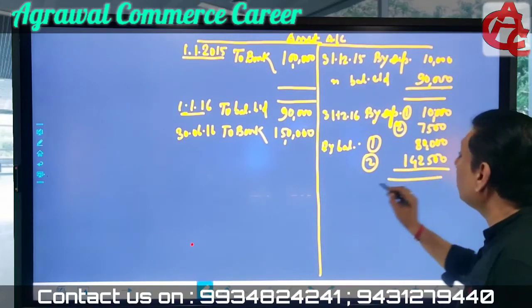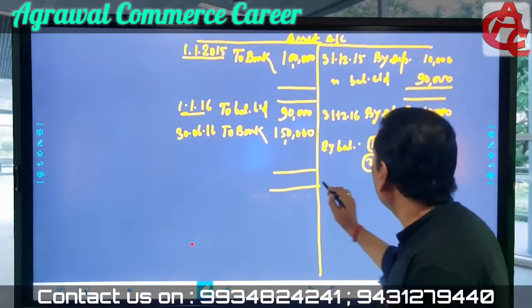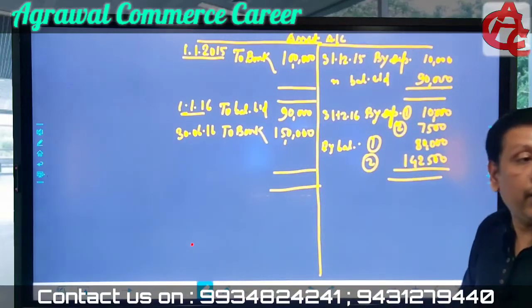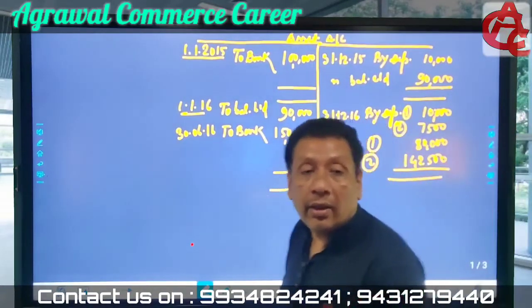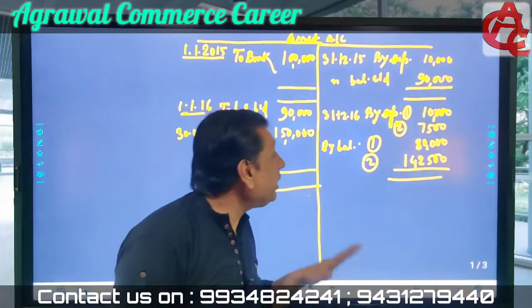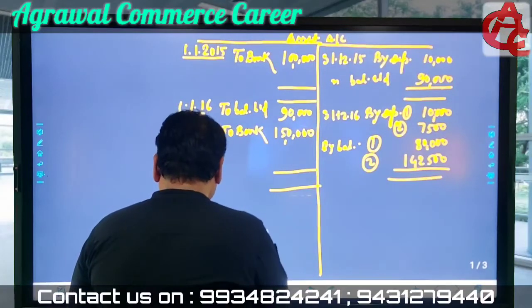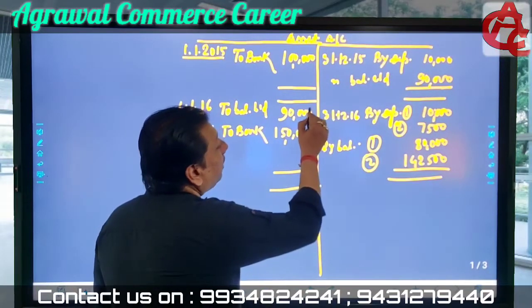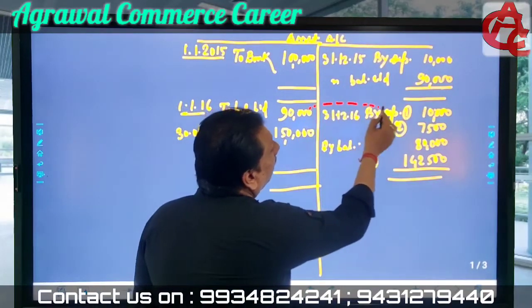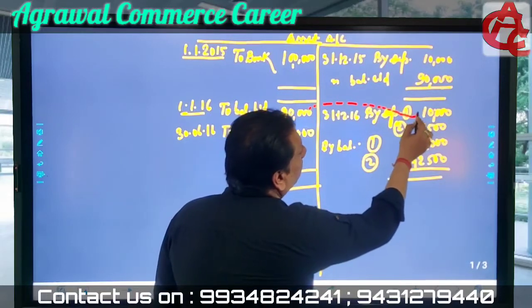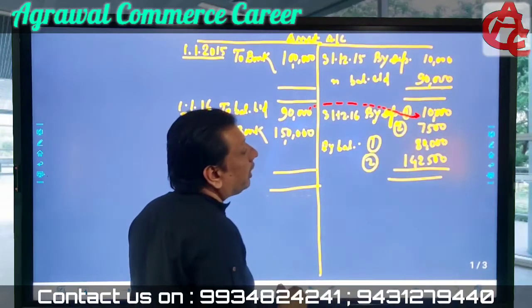1,42,500, isn't it? How is it, sir? I am not getting what you have written, sir. So it was 90,000. Was it 90,000? And you have charged 10,000 depreciation on it. Okay?